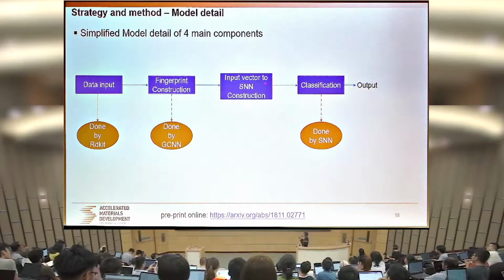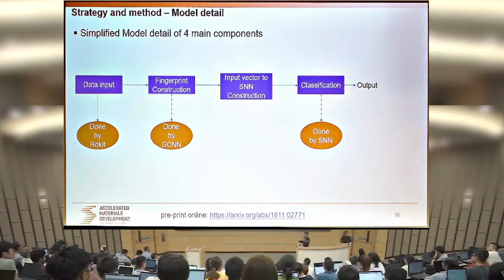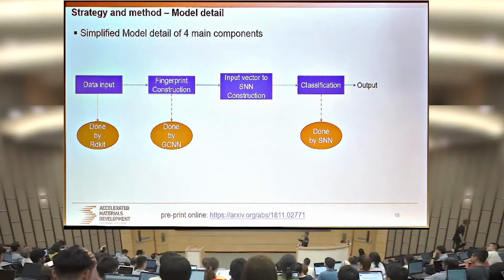After that, let me introduce you to our model in detail. This is a simplified version of our model. First, we need to get the data input into the neural network. The data is converted by a package called RDKit. I will introduce this later. Then after the data is input into the GCNN, we are able to construct the fingerprint for the molecules.